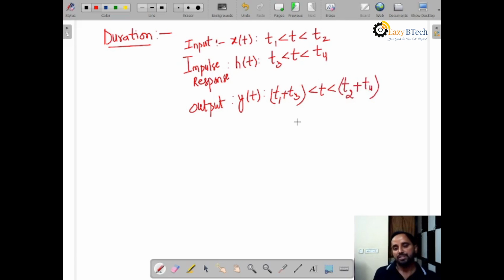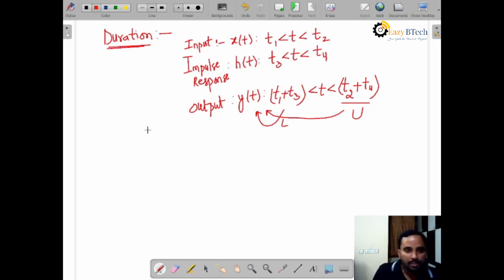So the lower limit of the output is t1 plus t3, and the upper limit is t2 plus t4. This is the duration property.